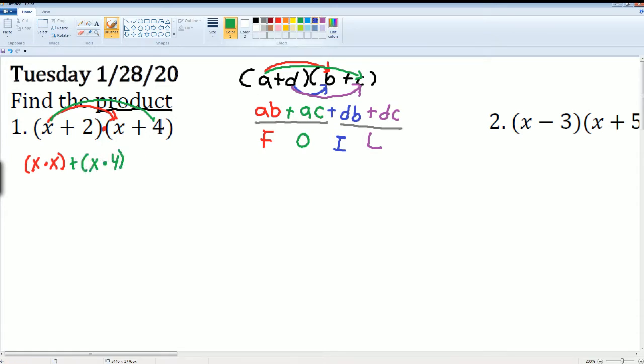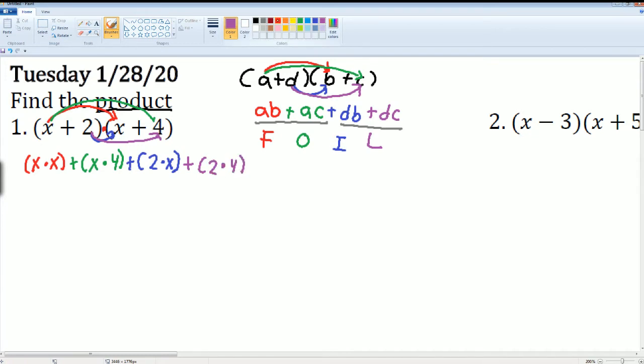Then you're going to do your blue, that's your I. So you see how here we finish our first distributive property. Now we're going to distribute with the 2. So that is your 2 times x. Then the last one is 2 times 4.